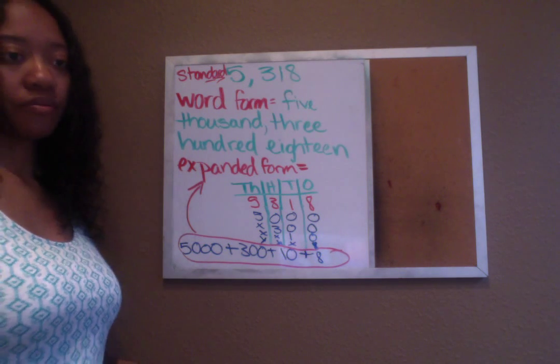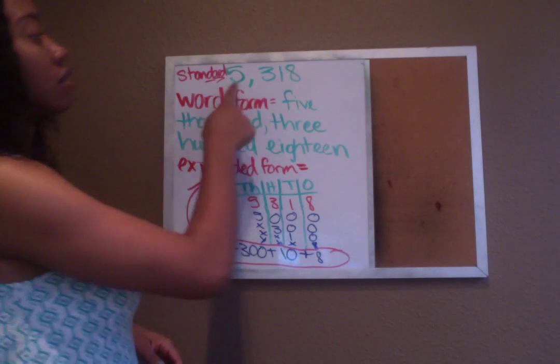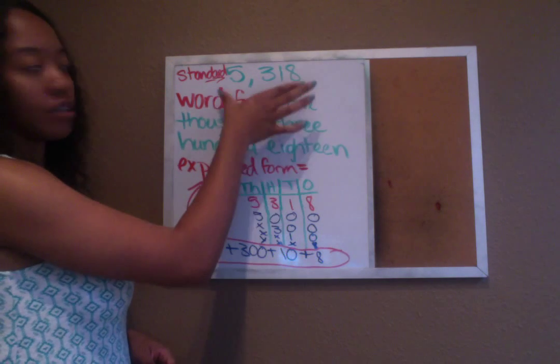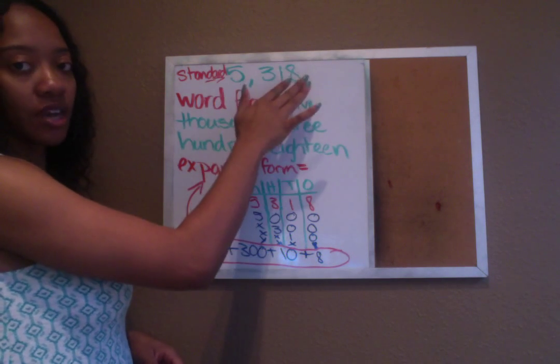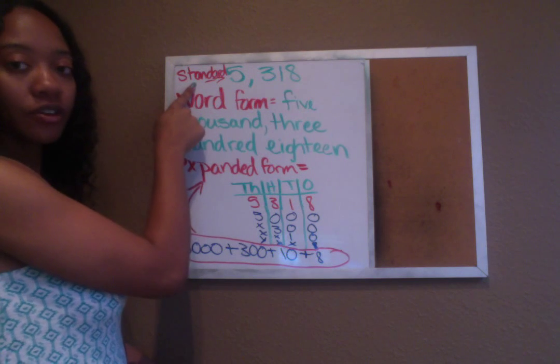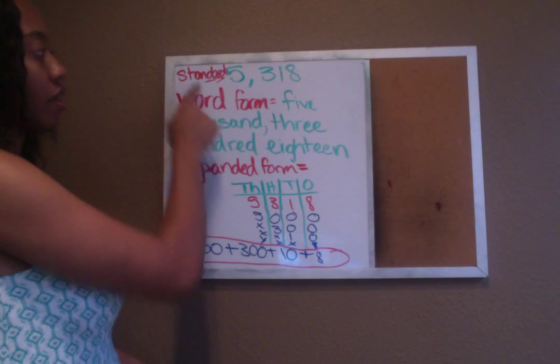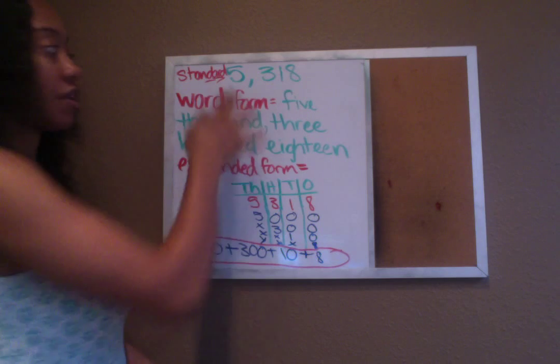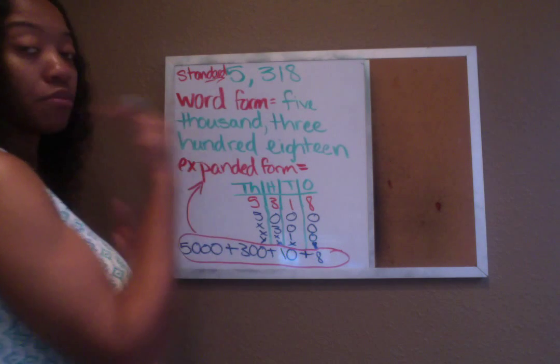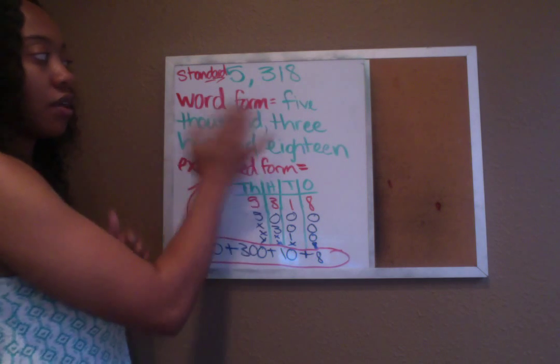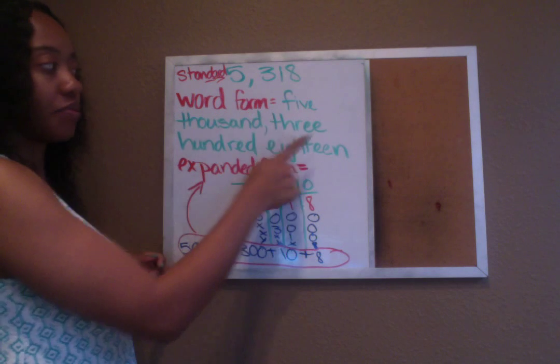So as a review, 5,318 all together with no plus signs is called standard form. When I'm saying the word, when I'm reading the word and I see my words written down, that is now word form.